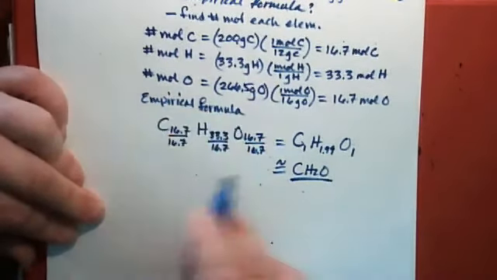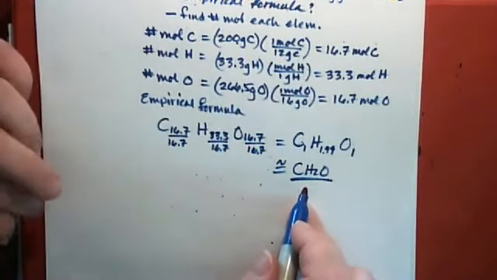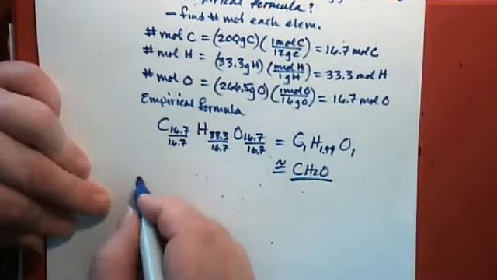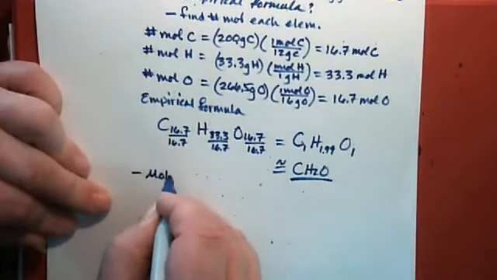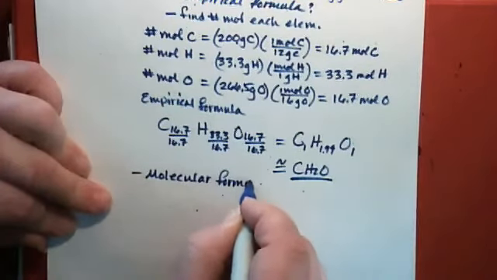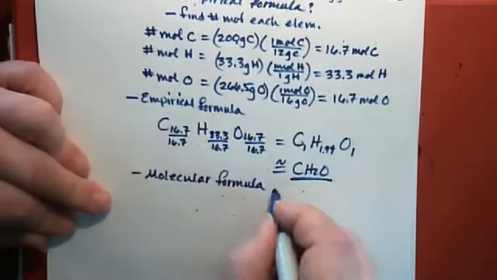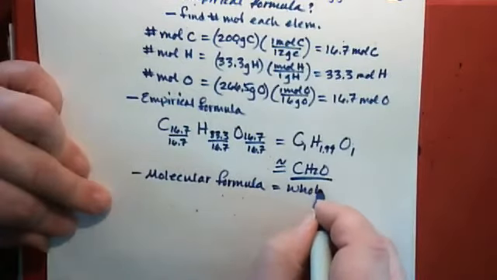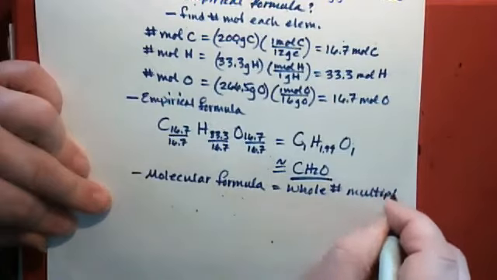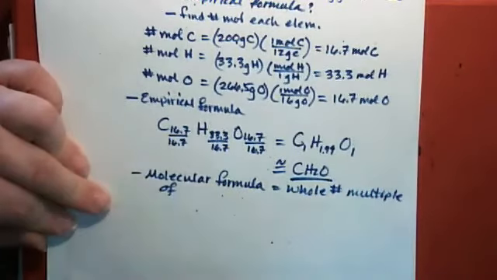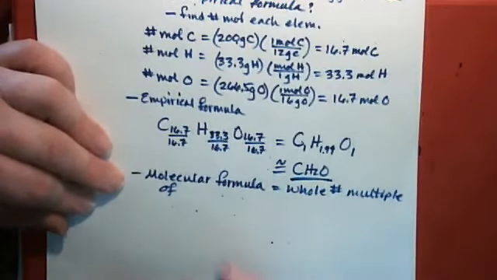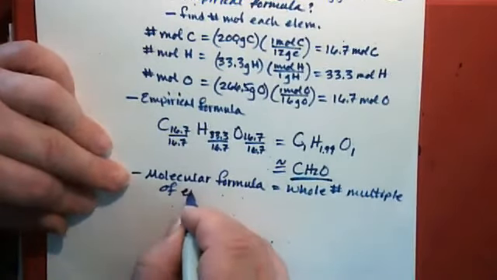And it works the same for molecular or ionic compounds. And the molecular formula is actually a whole number multiple of the empirical formula.